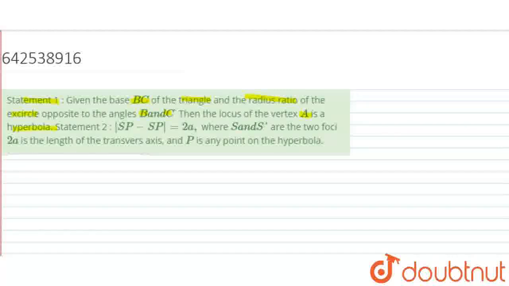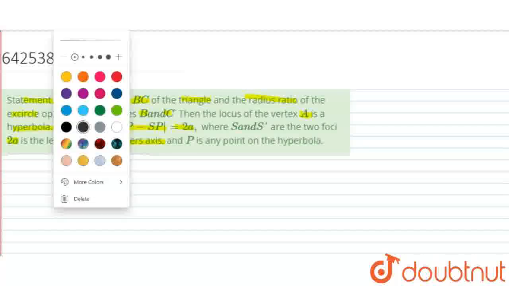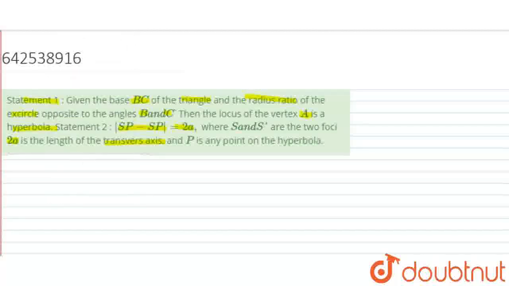The next statement is that SP minus S'P equals 2a, where S and S' are the two foci, 2a is the length of the transverse axis, and P is any point of the hyperbola. Now let P(x, y) be any point on the right branch of the hyperbola.